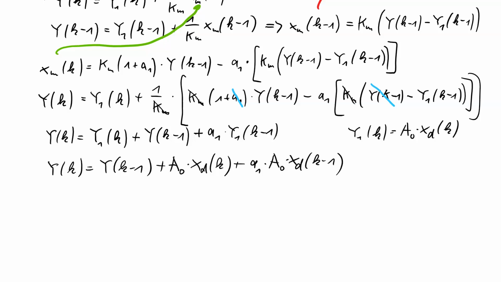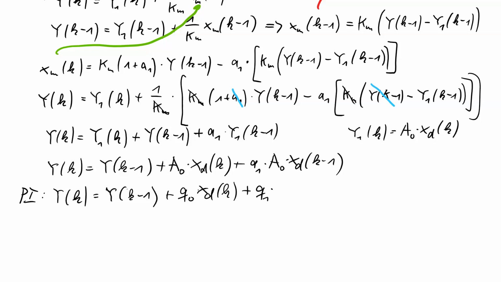You see, if y of k comes out of the sum with a recursive term y of k minus 1, this is an integrator. And note that in a PI algorithm we have y of k. I show you now the similarity: plus q sub o times xd of k plus q sub 1 times xd of k minus 1.